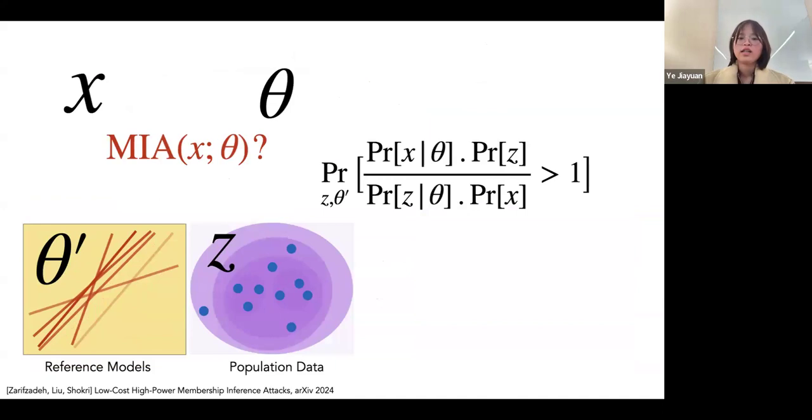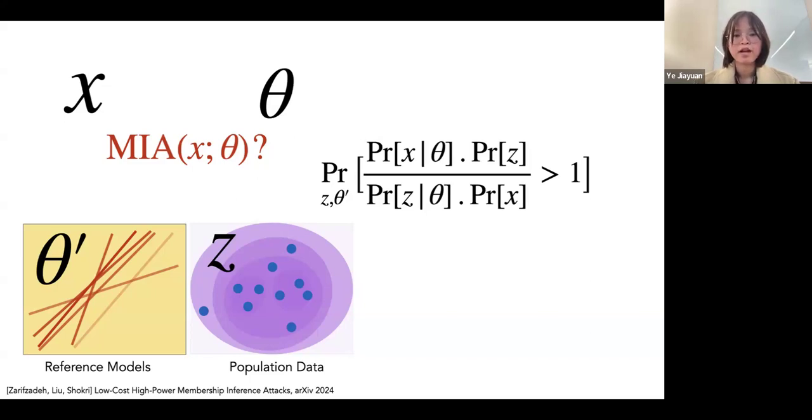So the first layer of comparison comes from X and Z, while the second layer of comparison comes from the population probability of Z and X, which uses the reference model to estimate. And importantly, the reference models here are trained just on population data. They are not excluding one particular data point, so it's fully offline and does not need new models for each X.